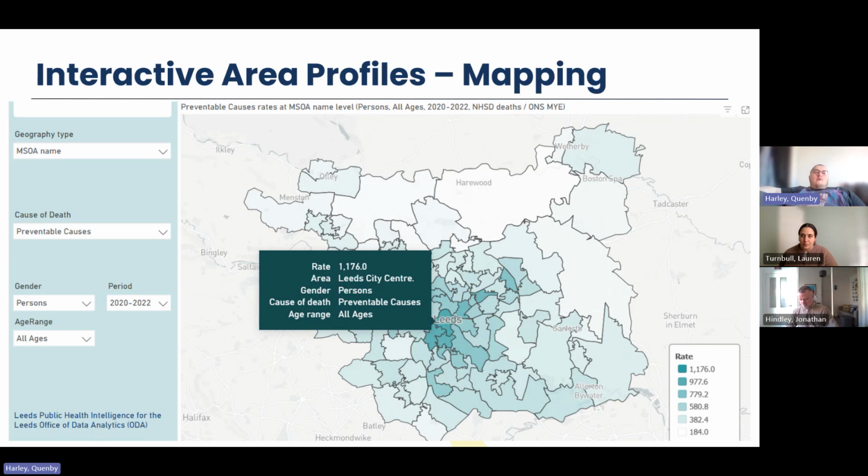This is just a basic heat map showing visually where you are seeing high rates of, in this case, causes of death. You can see where there's the darker green in the city centre, or the more central area, we're seeing higher levels of death from preventable causes. So that's just a way of looking at it geographically.